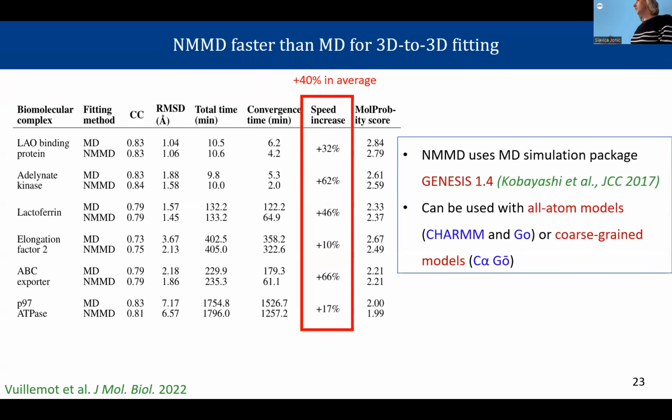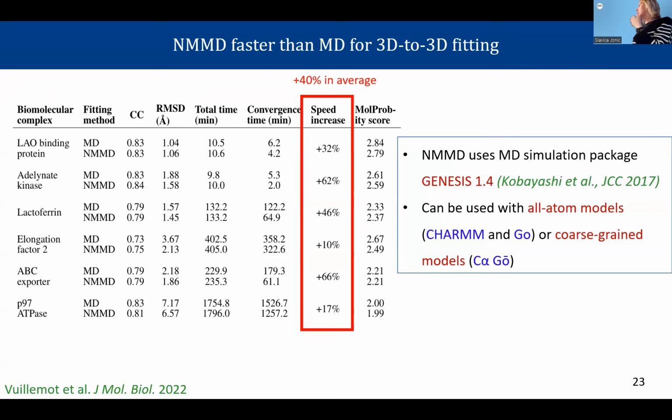And for MD simulation, you have to understand that we are not developing MD simulation methods or normal mode analysis. So we are using one package that is called Genesis. There are many others, but we are using Genesis, developed by some group in Japan, because we have some collaborators in Japan.